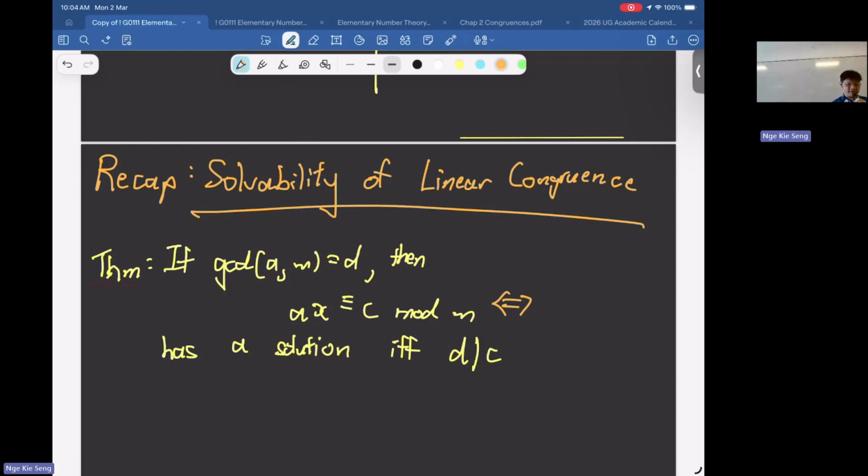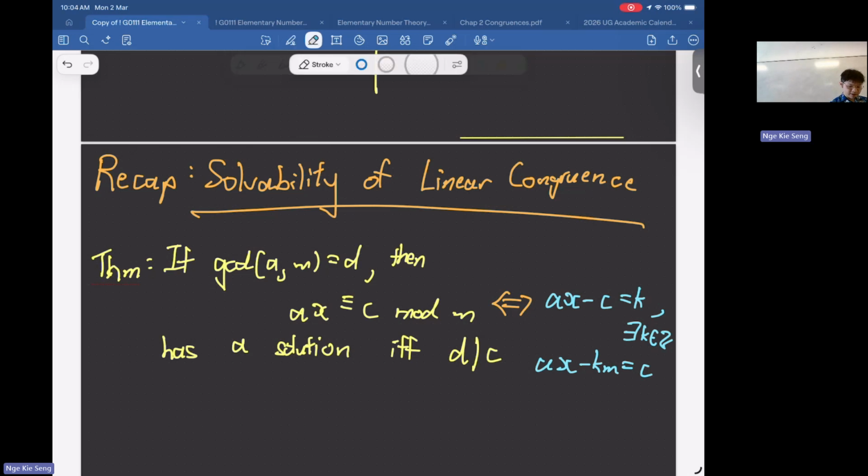It means their difference is divisible by M. So AX minus C equals KM for some integer K, or rearranged, AX minus KM equals C. Unless I change this M to Y.